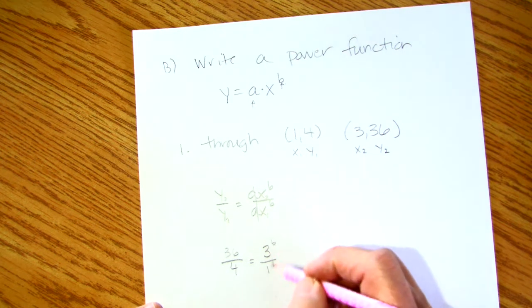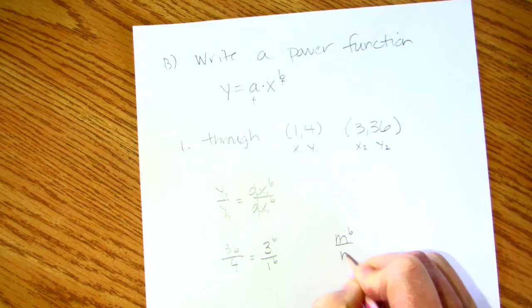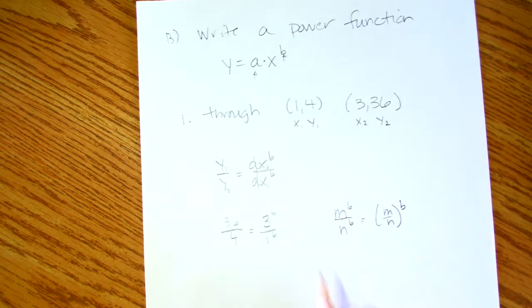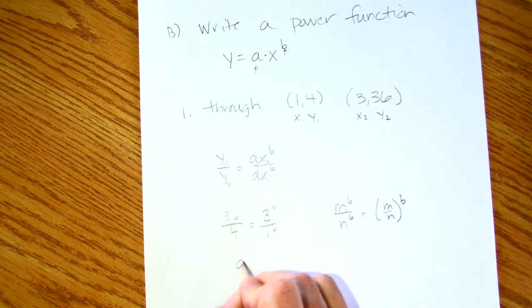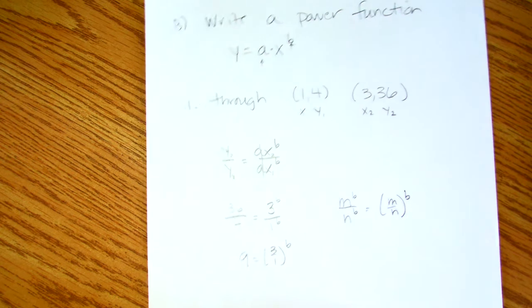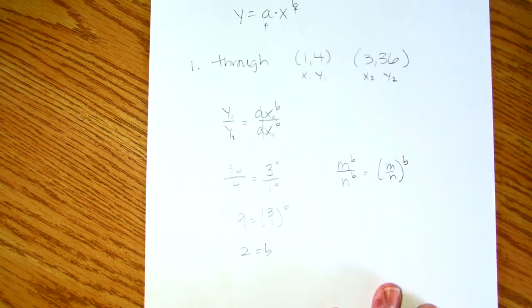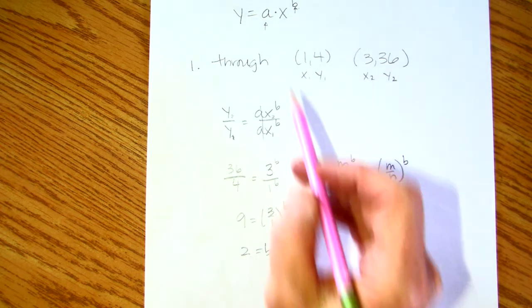Now no matter what you get here, if I have m to the b over n to the b, that's the same as m over n to the b. So 36 over 4 is 9, and I can write this as 3 over 1 to the b, which is just 3. So 3 to the what equals 9. B must be 2.